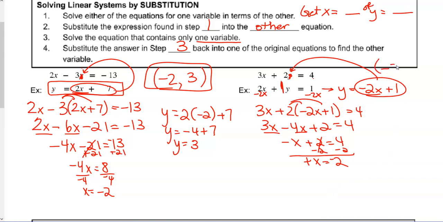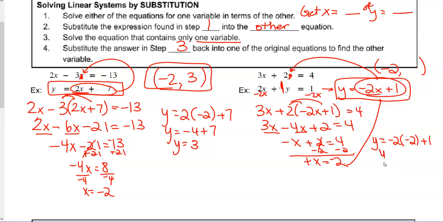Now remember, that is part of my point. I need the y value to go along with that. Well, I can plug it in here, here, or here. It doesn't matter. I'm going to choose this one because, again, I have y equals. So if I plug that right back in for x, that means y equals negative 2 times the negative 2 that I found for x, and then we're going to add 1 to that.